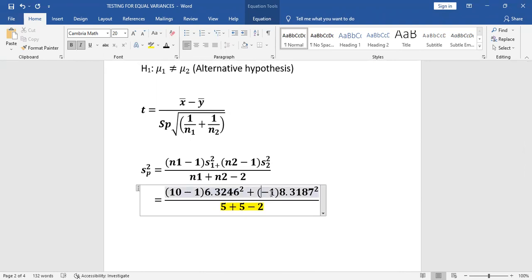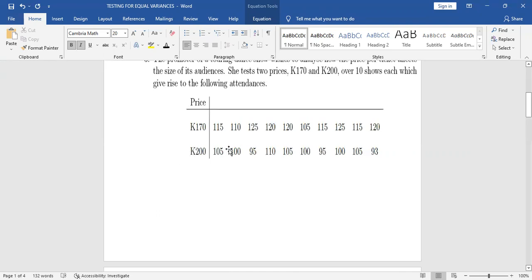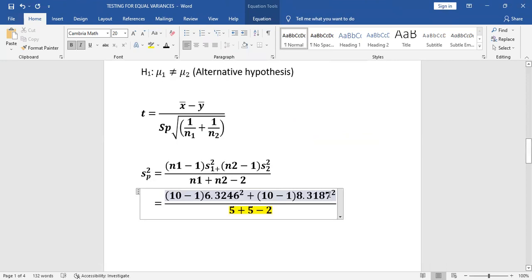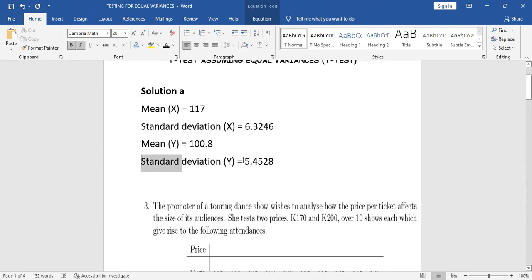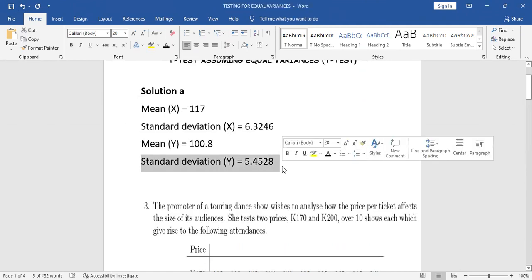Sample size number 2 is also 10, since there are ten elements under price 200. So 10 minus 1, and then standard deviation 2. We are going to square the standard deviation 2 to make it variance. Standard deviation 2 is 5.4528.